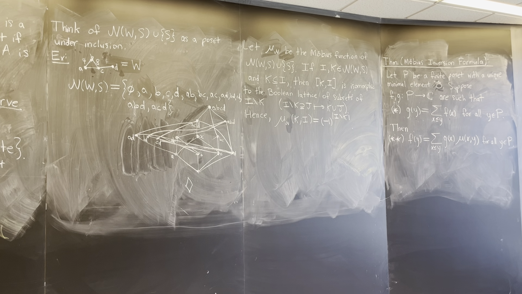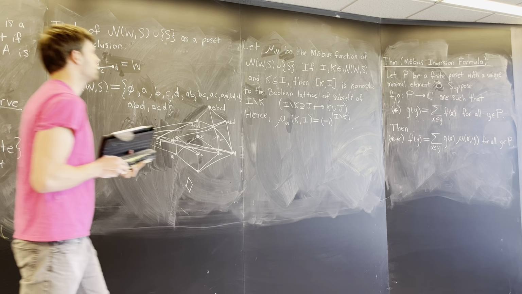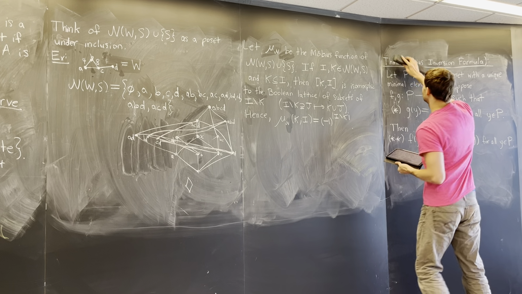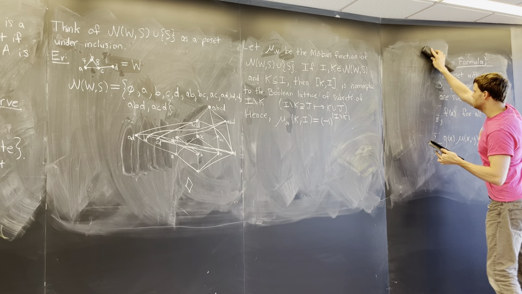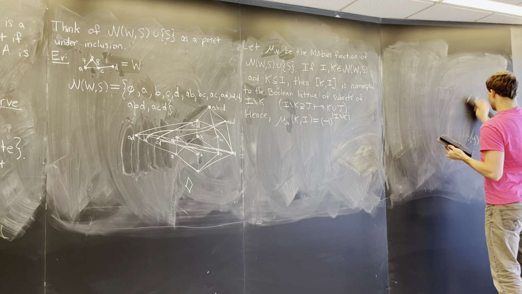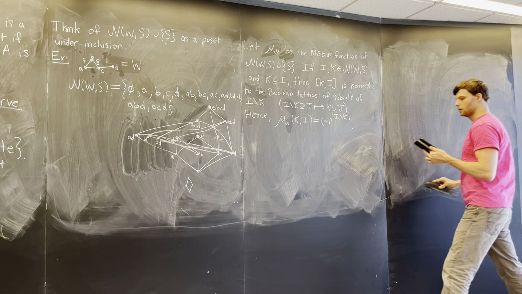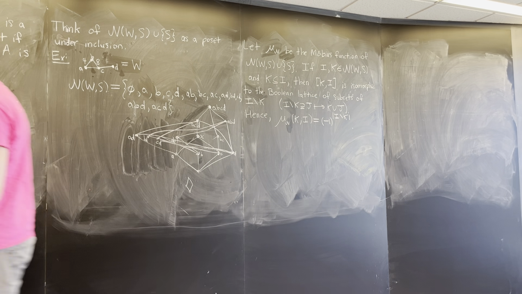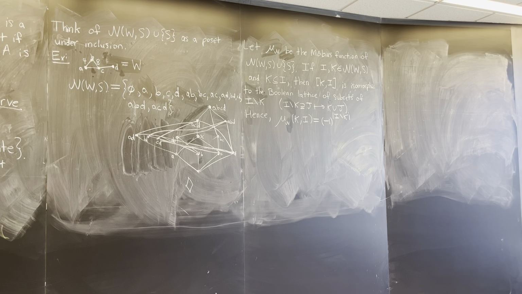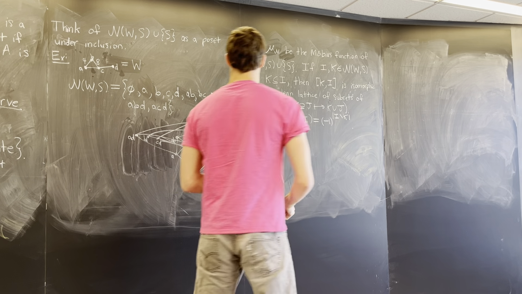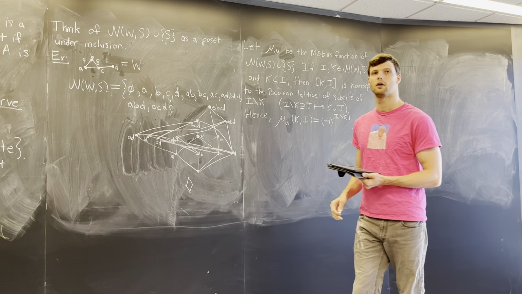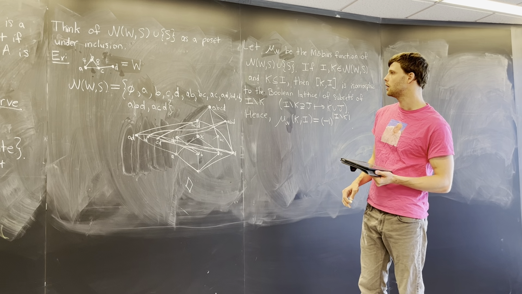Okay, so here's a proposition, which is why I'm doing all of this. Colin: This is really small, but that should have ABCD.